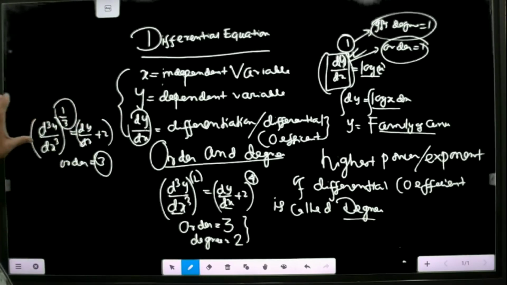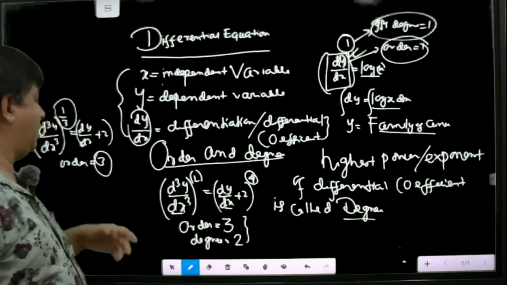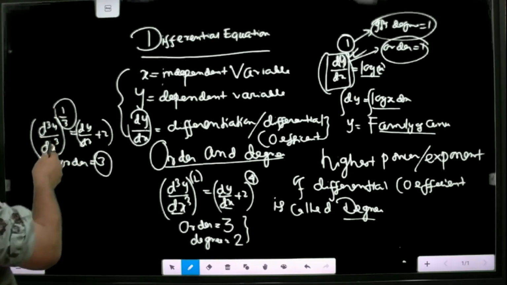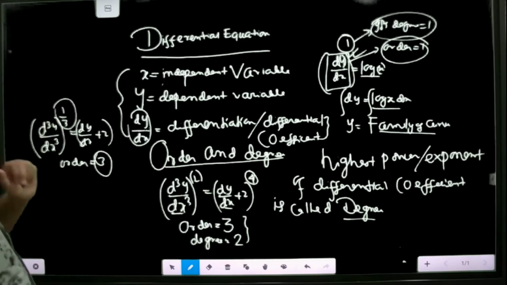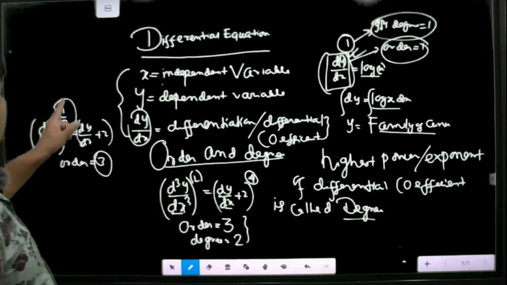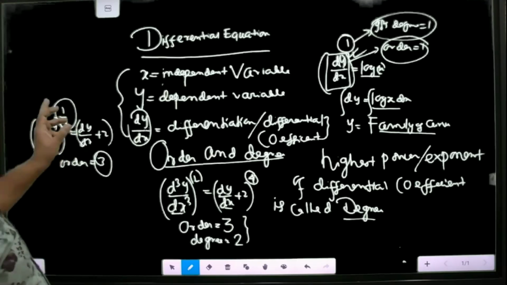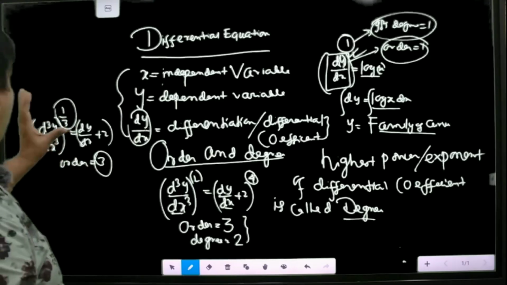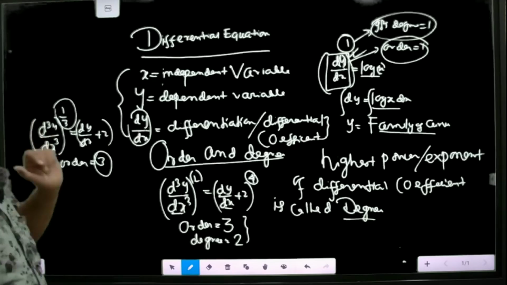If you get this equation and you are asked to find order and degree, order is 3, but degree 1/3? No, because if the power or exponent is 1/3, this cannot be expressed as a polynomial.